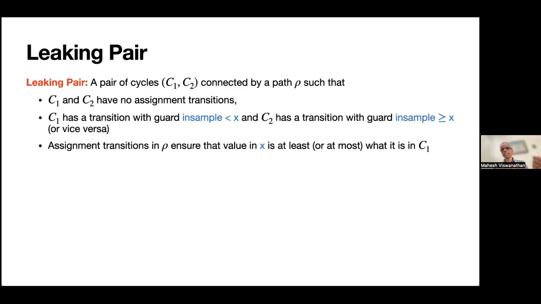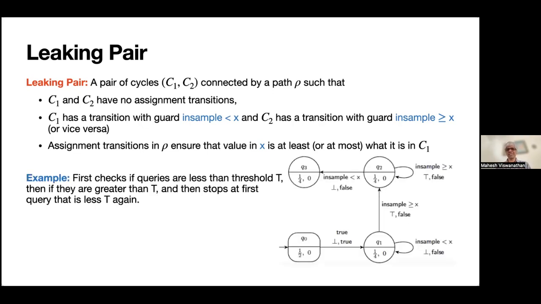Remember in C1 and C2, the value of X doesn't change. So there is a value stored in X at the start of C1, and a value stored in X at the start of C2. We want to make sure that the value stored in X at the start of C1 is at most the value stored in X at the start of C2. So it's just a technical condition. Let's just look at an example.